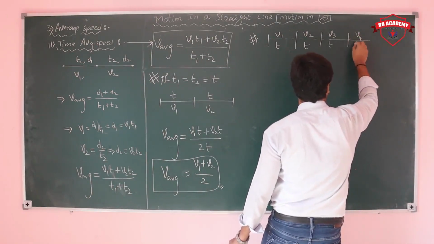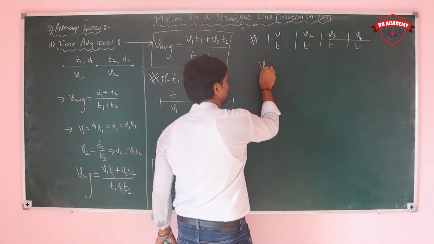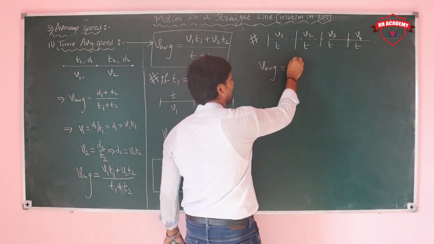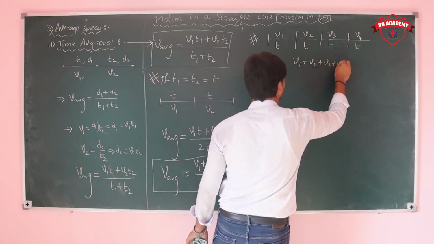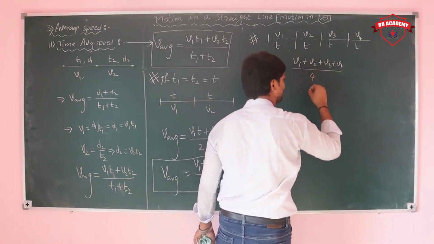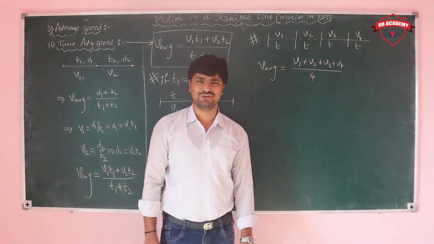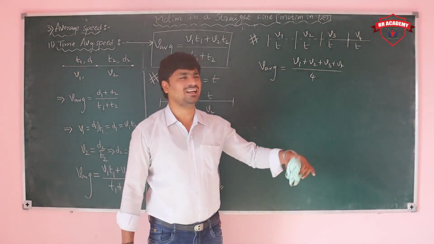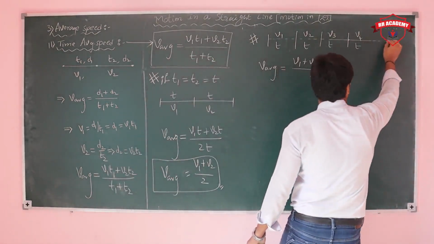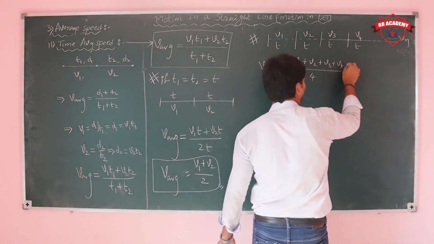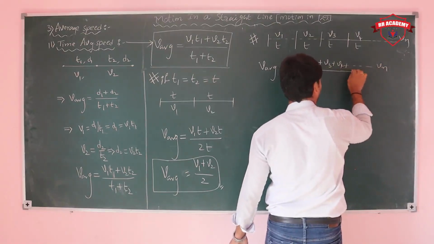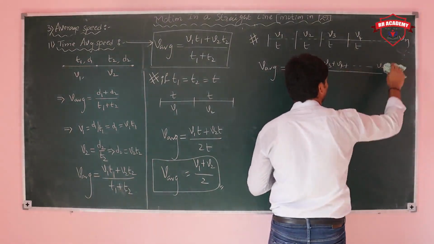So then what is the average speed? Simply you can take v1 plus v2 plus v3 plus v4 by 4. If it is n, and so on, vn in t seconds, then vn upon n also you can take.